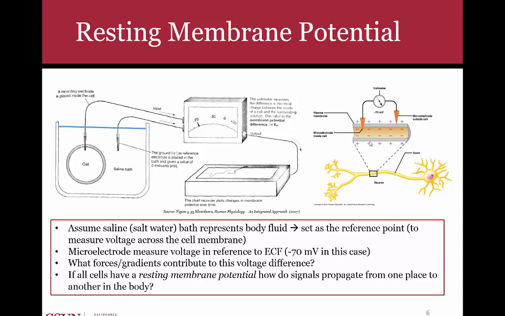And we'll see the origin of that negative 70 millivolts in the next couple of slides. But you do have a voltage present, and that's the take-home message of this slide: at resting, when there are no signals moving through these cells, they have an inherent voltage that exists across the membranes of these cells.